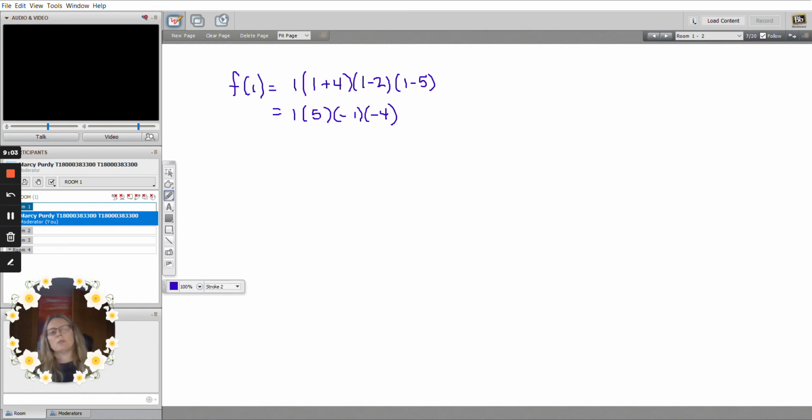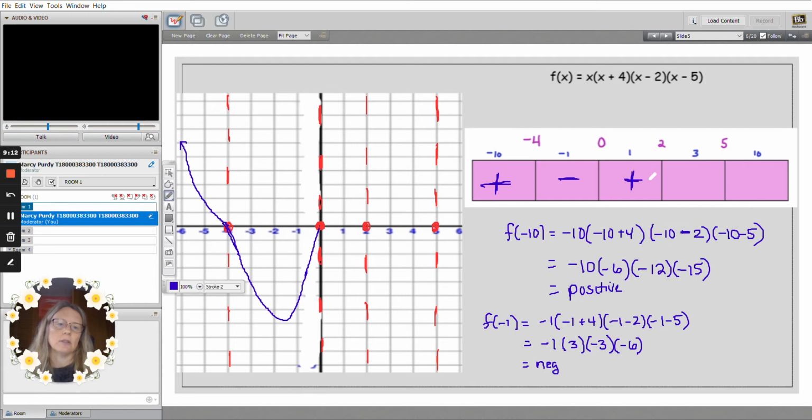So a positive times a positive times 2 negatives is going to be positive. So I know in that interval it's going to be positive. So the graph is coming up here, and it's going to turn around and come back down to this x-intercept, and it's either going to keep going or it's going to bounce off and go back up.